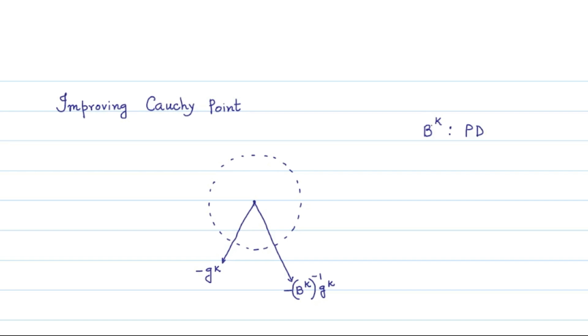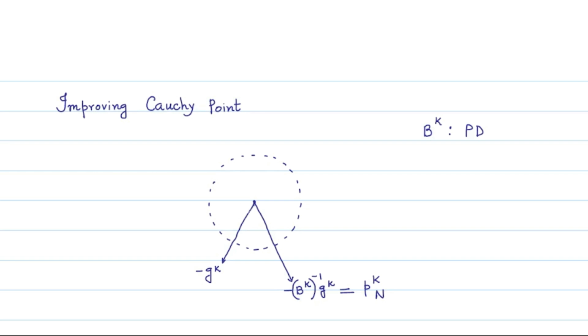Once B_k is invertible, the quasi-Newton step is given by minus B_k inverse g_k, and we denote it as p_k^N, the full quasi-Newton step.